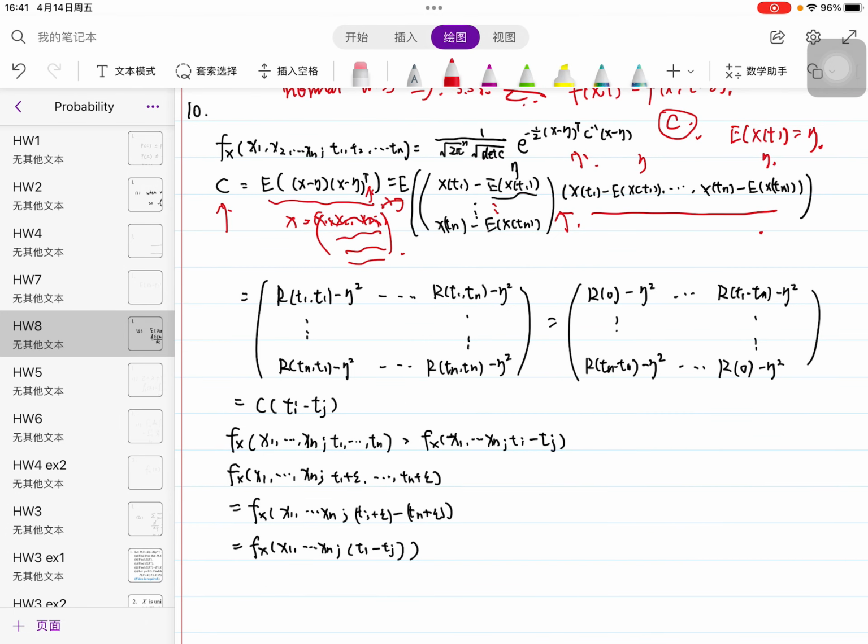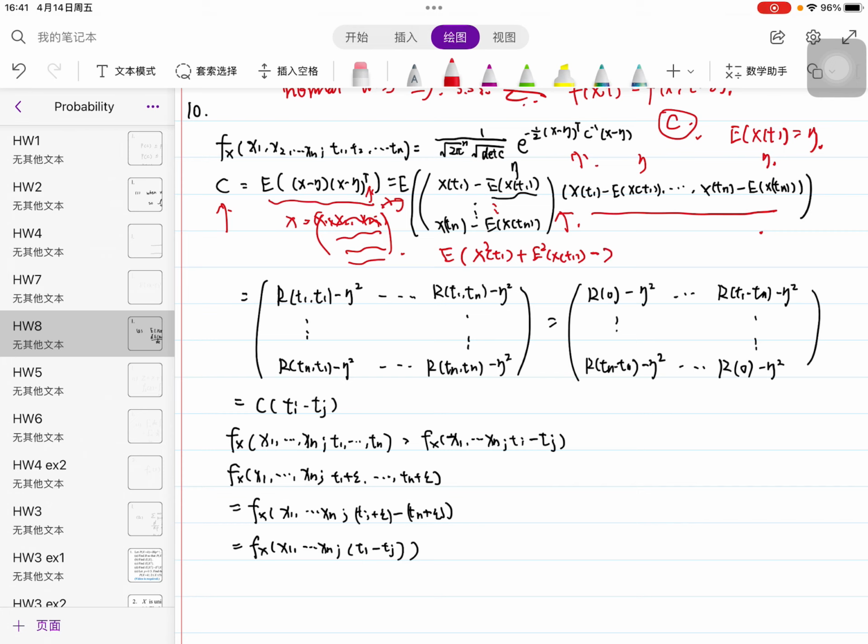And then we could write it. Let me write more detail about this step. So the first term is the mean value of xt1 squared, plus the mean value squared of xt1, right?